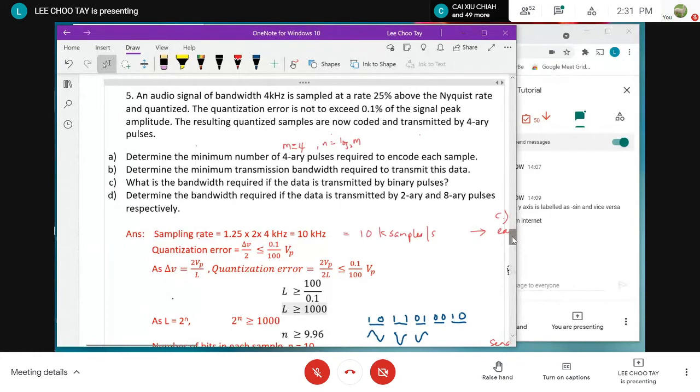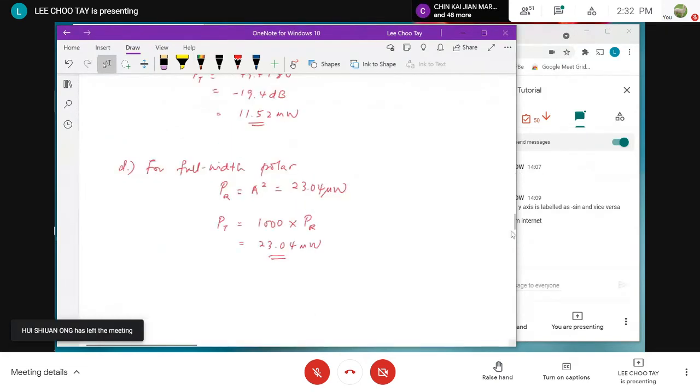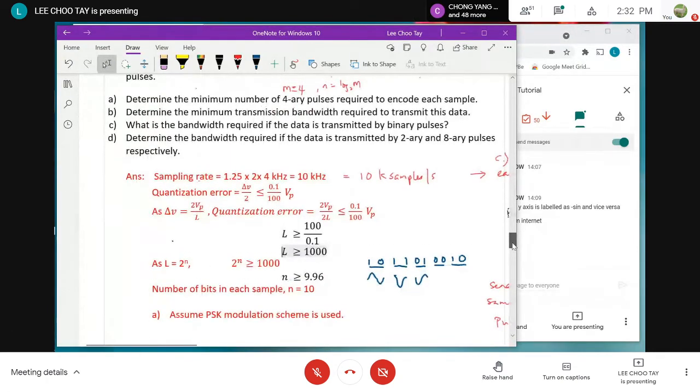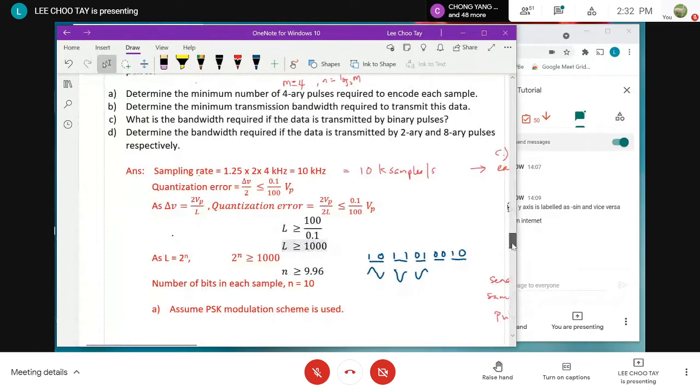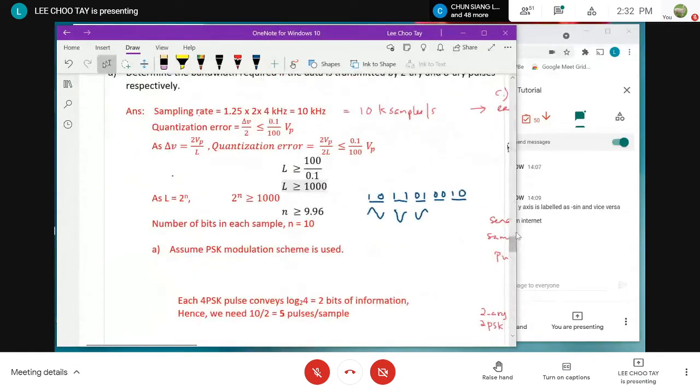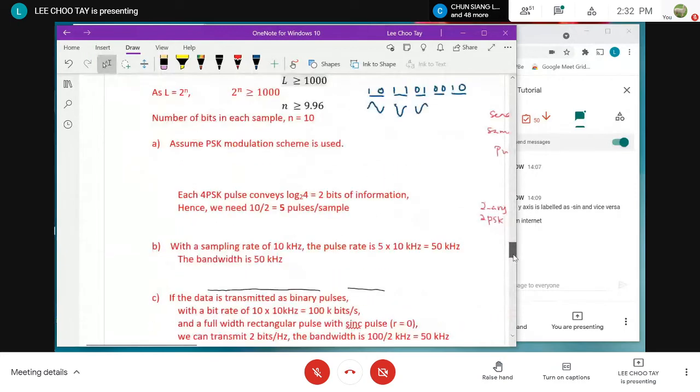So in this case, for binary pulses, that means if we are using 2 PSK, right? We're using 2 PSK. So for 2 PSK, then you need to compute.